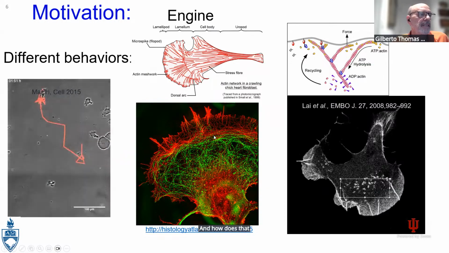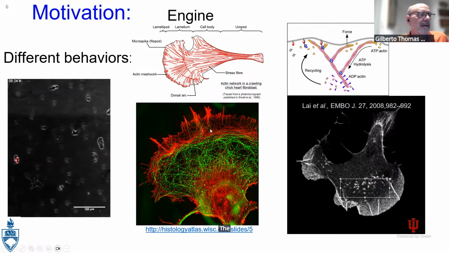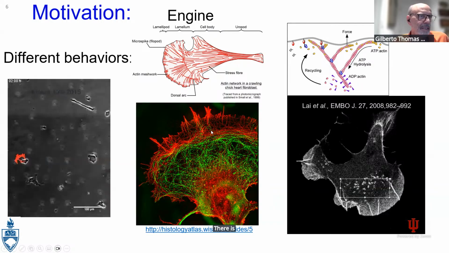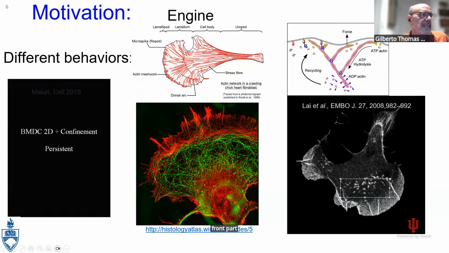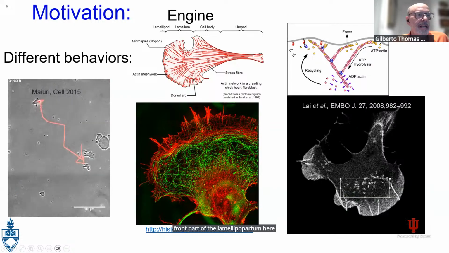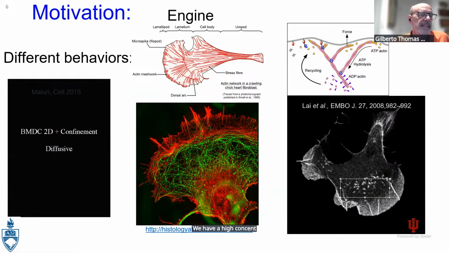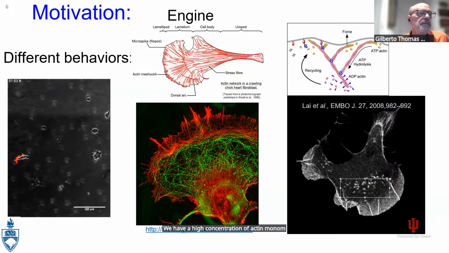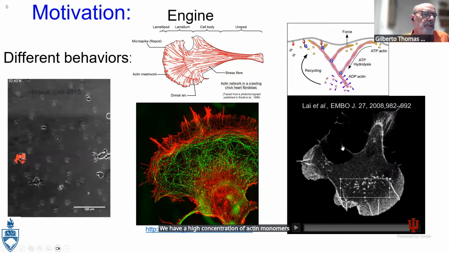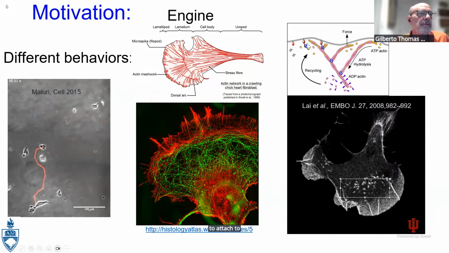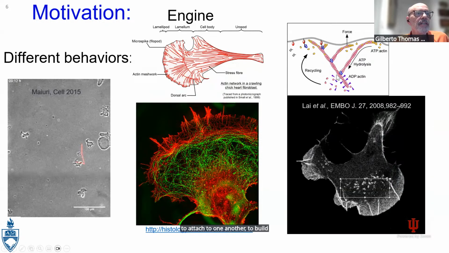In this front part of the lamellipodium, we have a high concentration of actin monomers. These monomers start to attach to one another to build these structures.